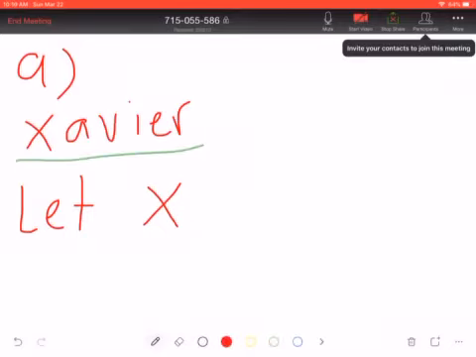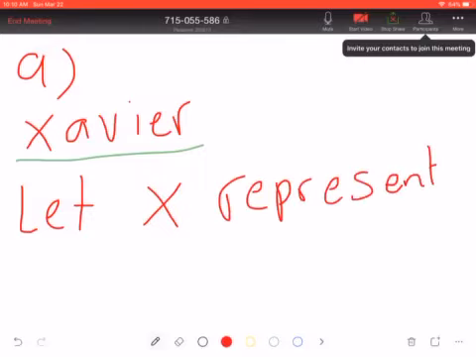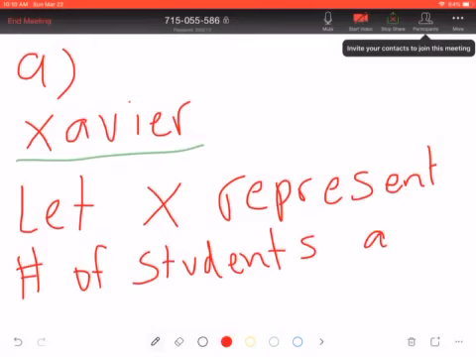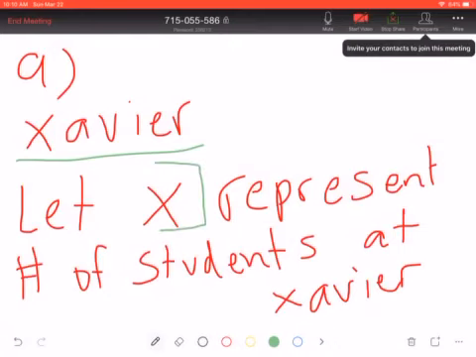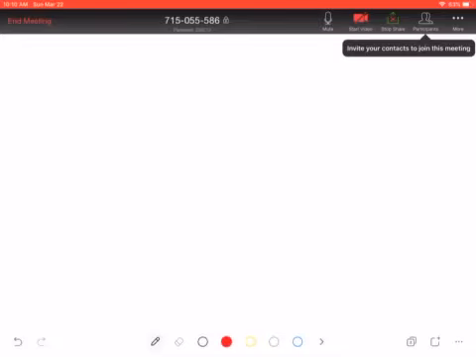You want to say let x represent the number of students at Xavier's, because you always want to let people know that from now on in this problem you're going to be using this variable x, and that x represents the number of students at Xavier. Okay, so that's the first part for A.